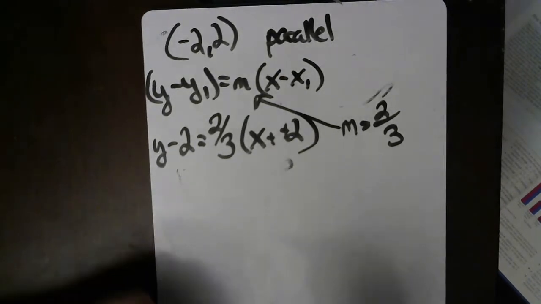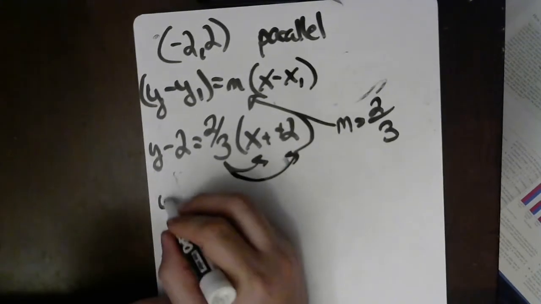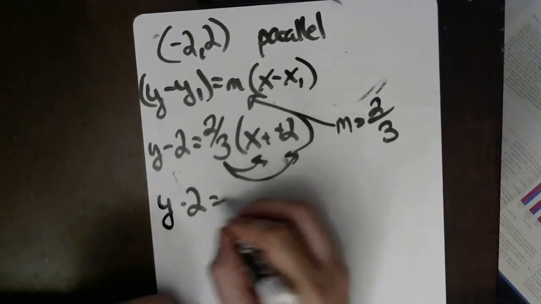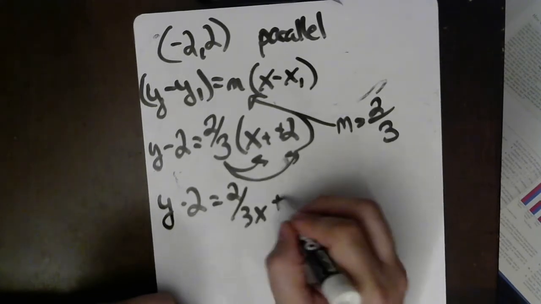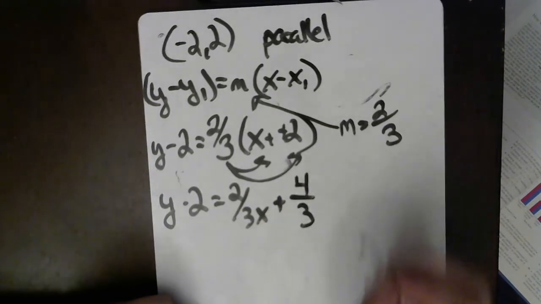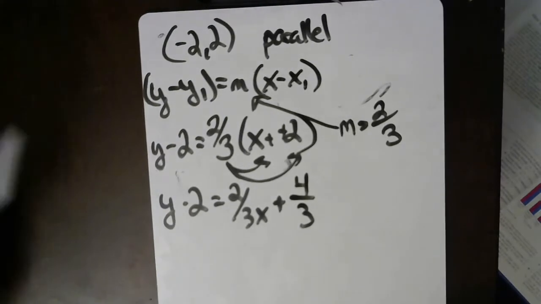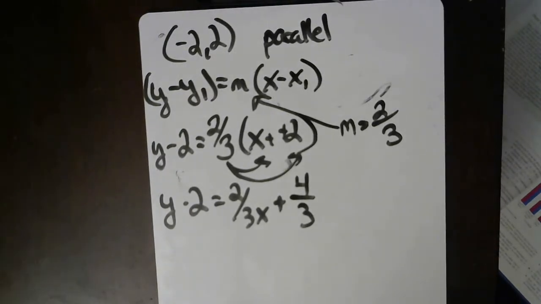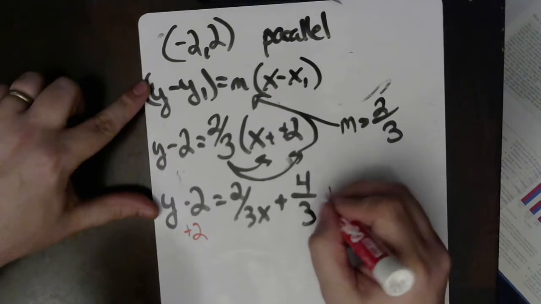Okay, so next step that I would do is distribute. So it's y minus 2 equals 2/3 x plus, and 2/3 times 2 gives us 4 over 3. Now what do we do next? Hopefully you said add 2 to both sides.